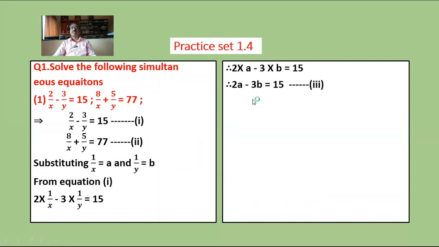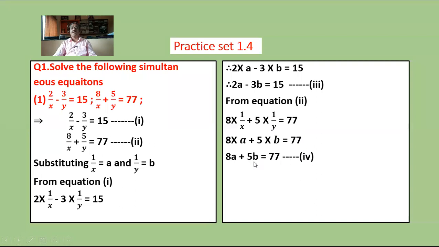Hence we get 2a minus 3b is equal to 15, equation number 3. Similarly, from equation 2, 8 multiply 1 upon x plus 5 multiply 1 upon y is equal to 77. Hence 8a plus 5b is equal to 77. We get equation number 4.